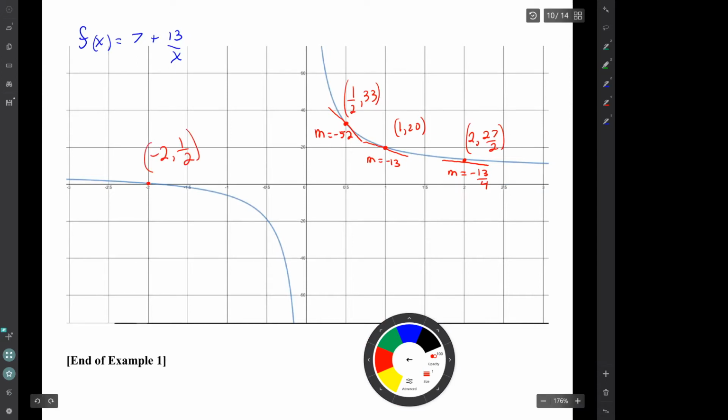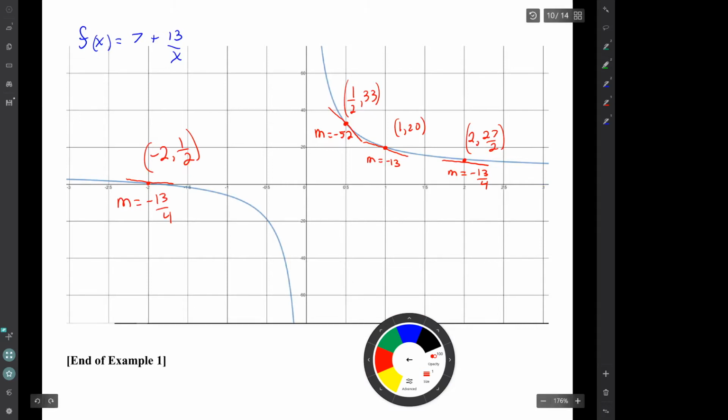Notice that if we had just looked at this computer graph without having the information from our computations, we would have maybe thought that there was an x-intercept at x equals 2. But we realize, no, at x equals negative 2, the graph is slightly above the x-axis. The x-intercept happens in here somewhere, not at x equals negative 2. Now we have to draw the tangent line and indicate its slope.